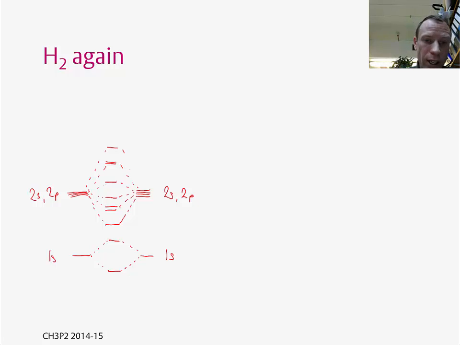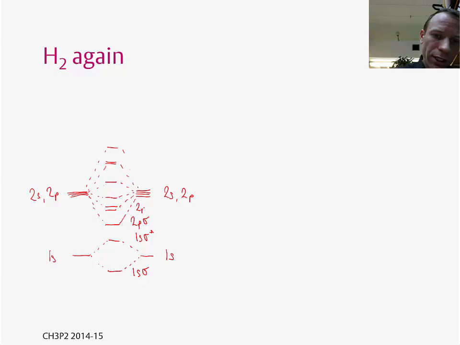So we need to think just a little bit about what these orbitals are. The 1s ones are easy to understand. So this is the 1s sigma, and this is a 1s sigma star. The next one here is a sigma orbital, but generated from the p orbitals which are along the axis of the molecule, so this is a 2p sigma orbital.